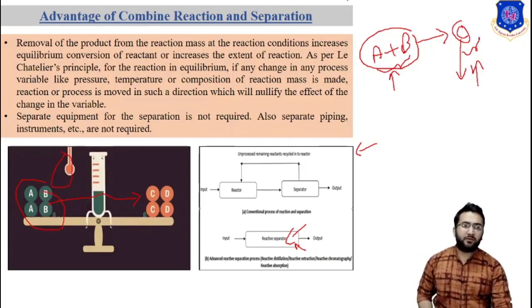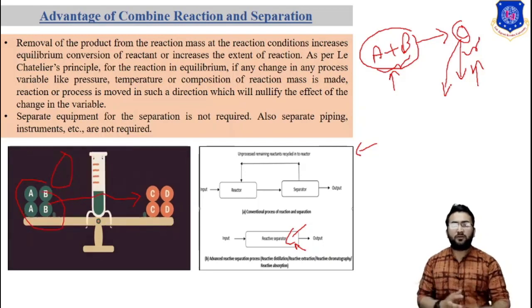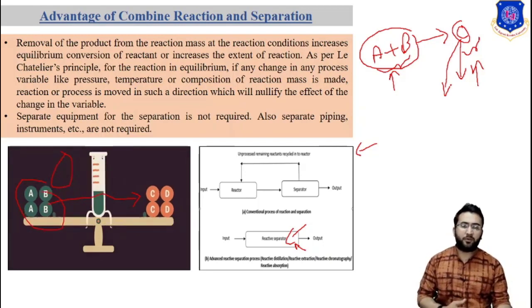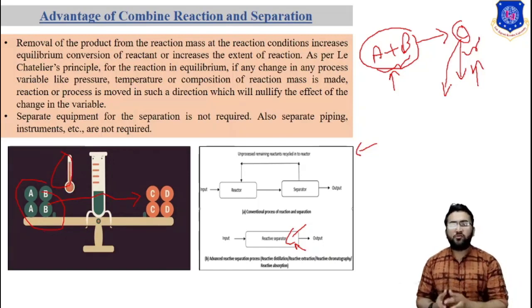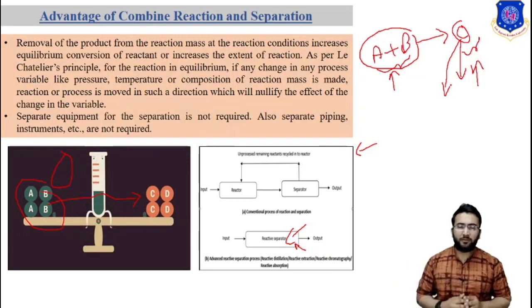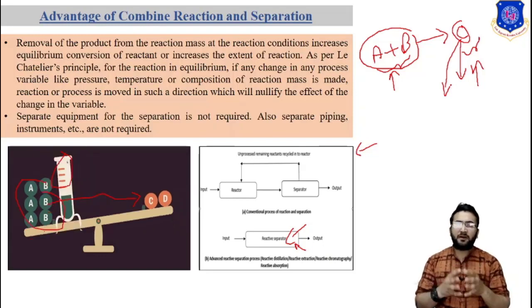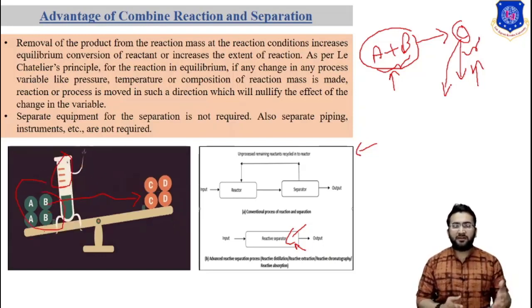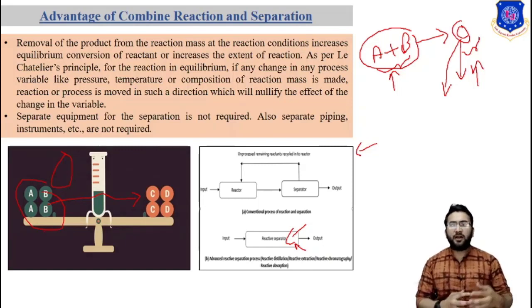If we remove the product, we are changing the mass and concentration of product, so the reaction tries to form more and more product. If we change the pressure, then the reaction tries to nullify the change of pressure. By using this Le Chatelier principle, we can increase the product.